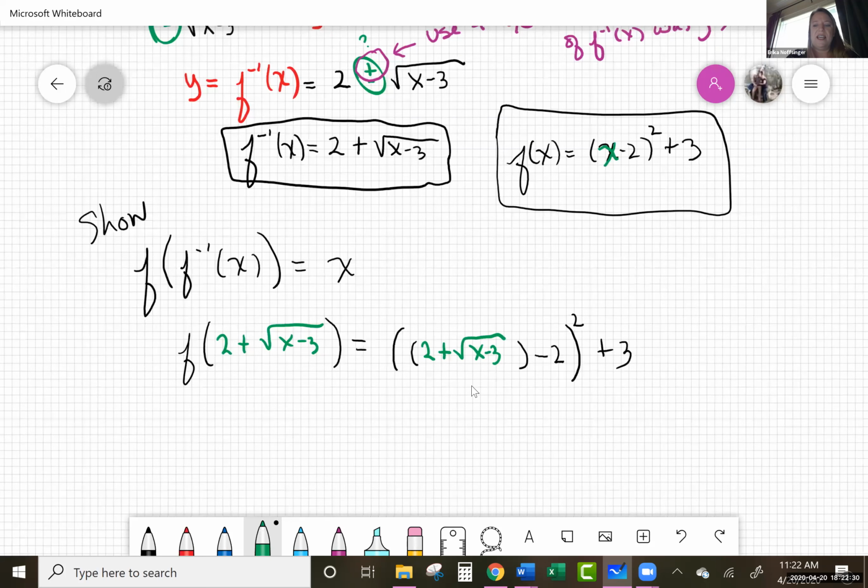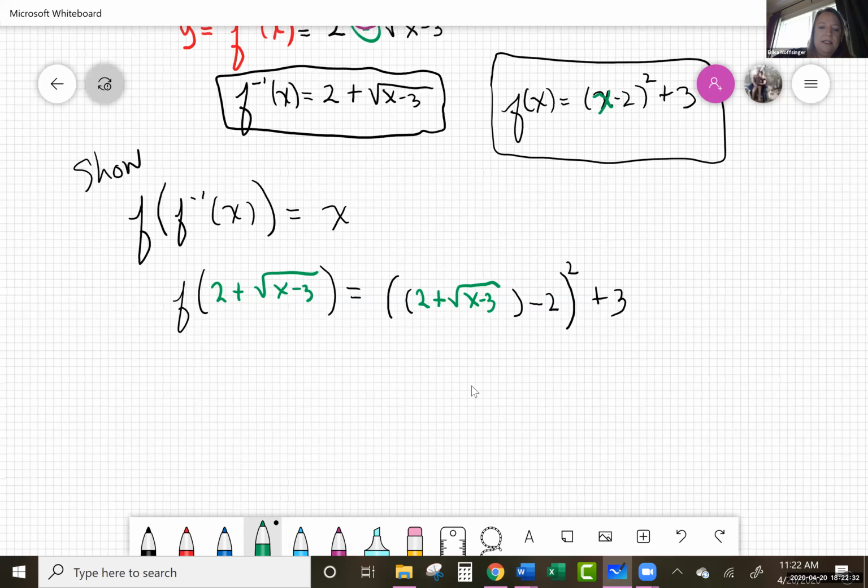Okay, so notice inside that main parentheses, I don't need that parentheses there. There's nothing distributive but a plus 1. And so I notice that I have 2 minus 2, that cancels with one another. And so since that cancels, I'm just left with my square root inside that parentheses, x minus 3, quantity squared, plus 3.